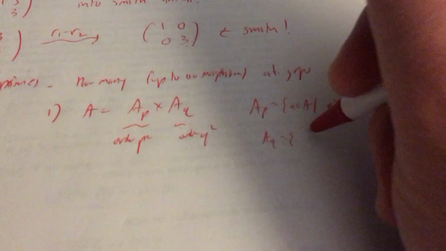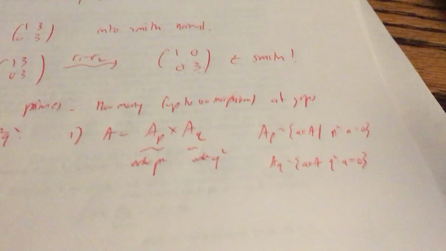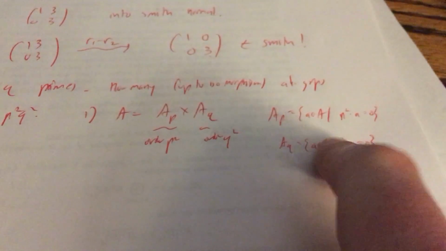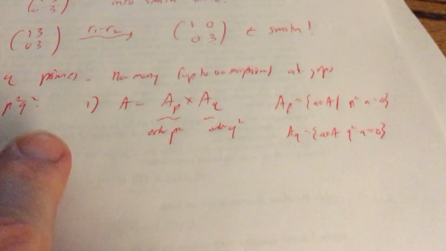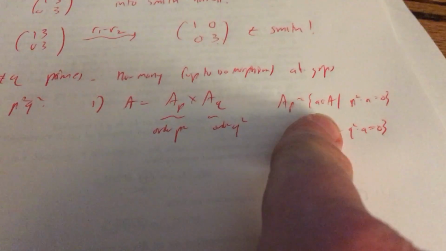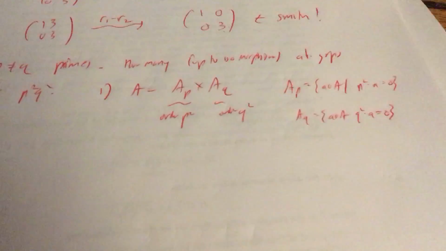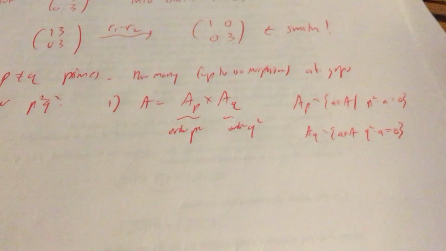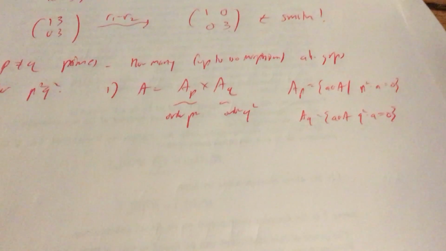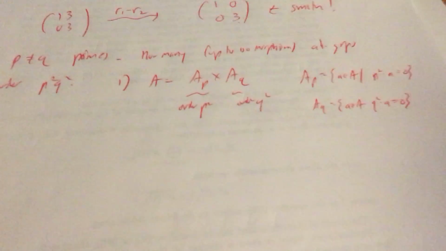A_q is the set of a in A such that q squared times a is 0. The point is that any element of A is annihilated by p squared times q squared, because that's the total order of A. If you think about which ones are annihilated by p squared and which by q squared, because p and q are relatively prime, that splits the group up into a product of 2 smaller groups. So then we just have to figure out how many groups there are of order p squared or order q squared.